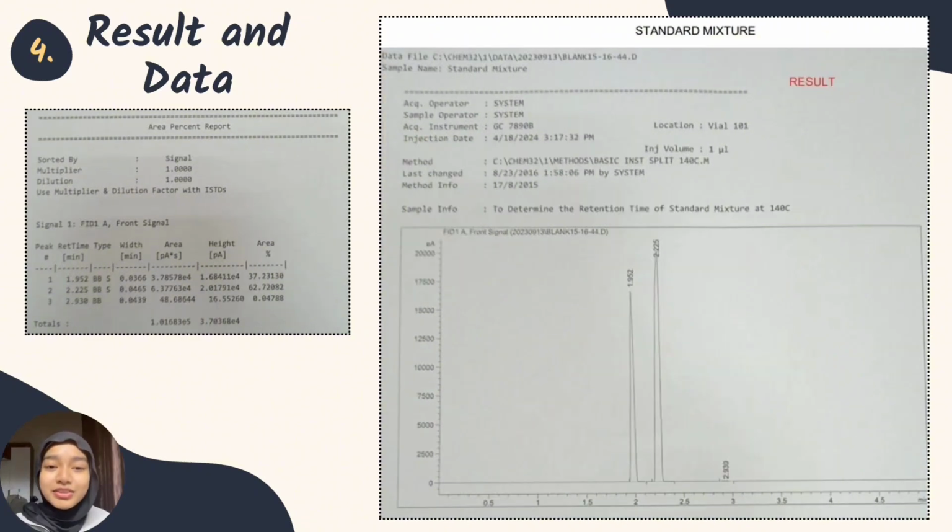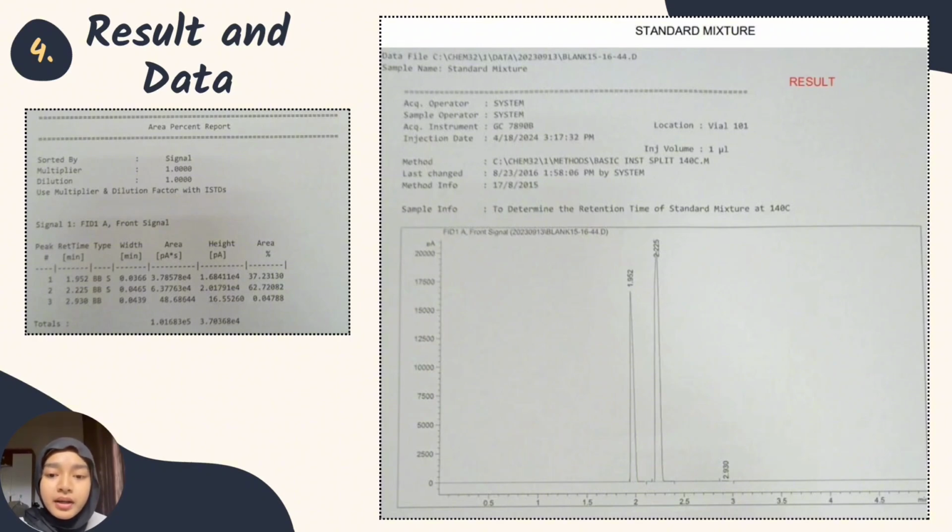The last graph shows the GC result for the standard mixture at 140 degrees, with three detected peaks at retention times of approximately 1.952, 2.225 and 2.930 minutes, indicating the presence of three components eluting under these conditions. The peaks at 1.952 and 2.225 minutes are sharp and have much higher signal intensities, showing that these two components are the major components of the standard mixture.